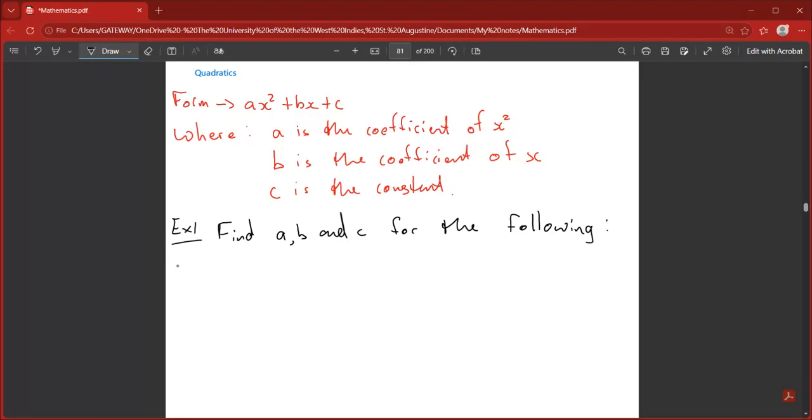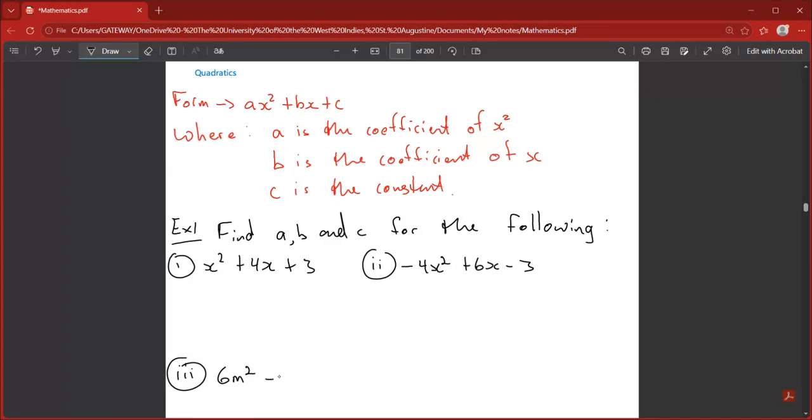So we have part 1 here. We have x squared plus 4x plus 3. Part 2, you have negative 4x squared plus 6x minus 3. Part 3, we have 6m squared minus 3m minus 5.